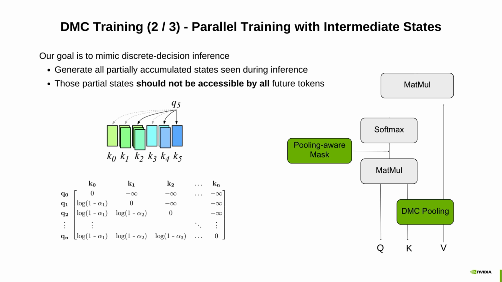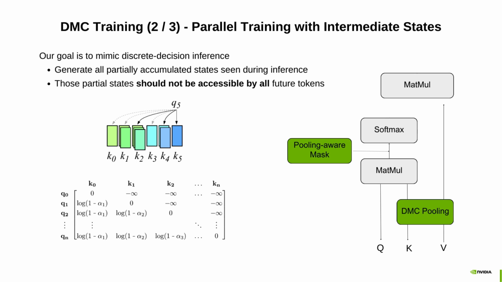Secondly, during DMC inference, each token makes a discrete decision and potentially creates intermediate states that shouldn't be accessible in the future. For example, consider the sequence shown in the middle of this slide. Token K2 decides to accumulate with the previous group, creating a new group of 3 tokens.